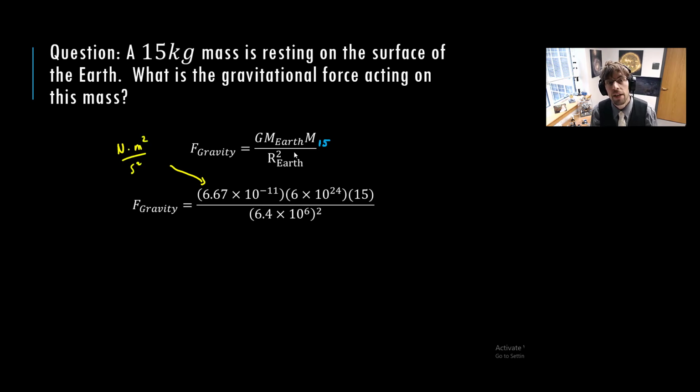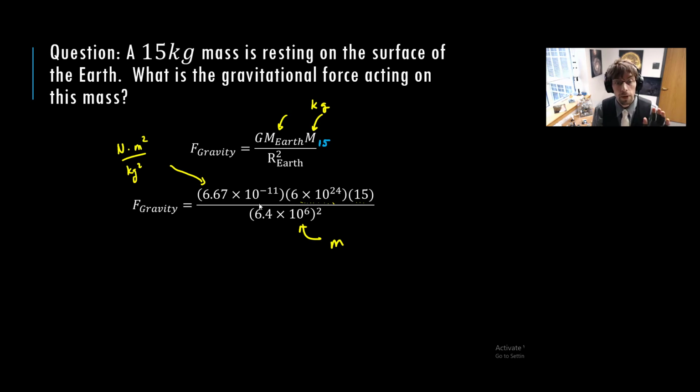The reason I mention that is that it means we need the mass of the Earth and the mass of our object to be in kilograms, and we need our distances to be in meters. So we substitute in the 6.67. We've got the mass of the Earth, which I gave you on the previous page. We've got our 15 kilogram mass and the radius of the Earth.